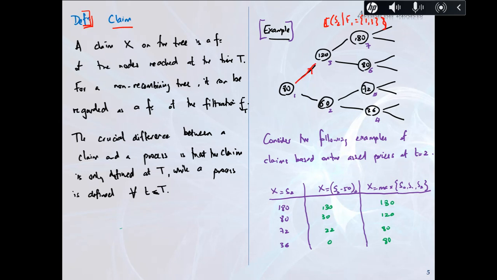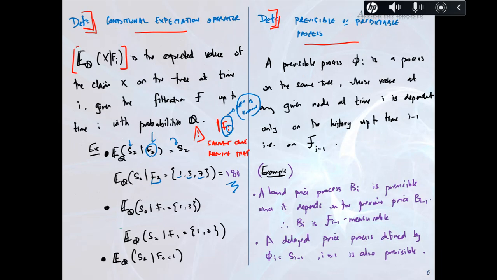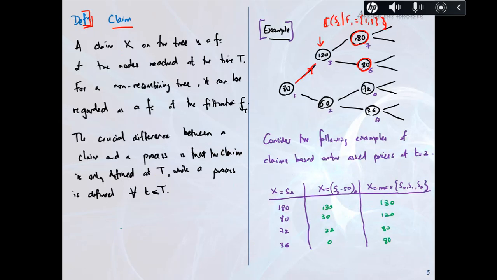So the expectation of S2 will be a value which will take into account 180 and 80 because we are here. Now, the second expectation, expectation of S2 given F1 is equal to 1, 2. Now we are here, and the expectation of S2 will work on 72 and 36.